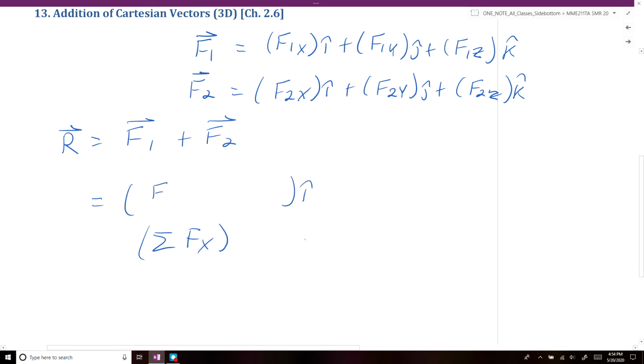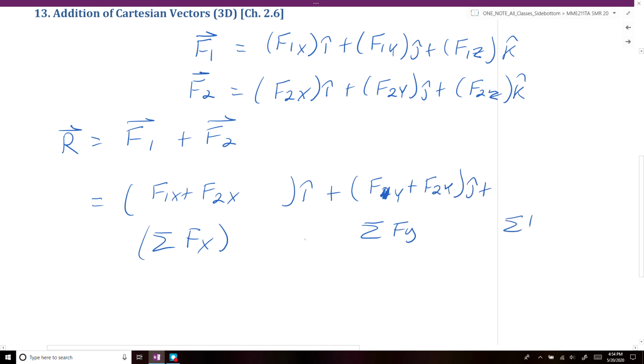So in this case, it would be force 1x plus force 2x times the unit vector i. And then for the sum of all of our forces in the y direction, we would have force 1 of y plus force 2 of y times the unit vector j.